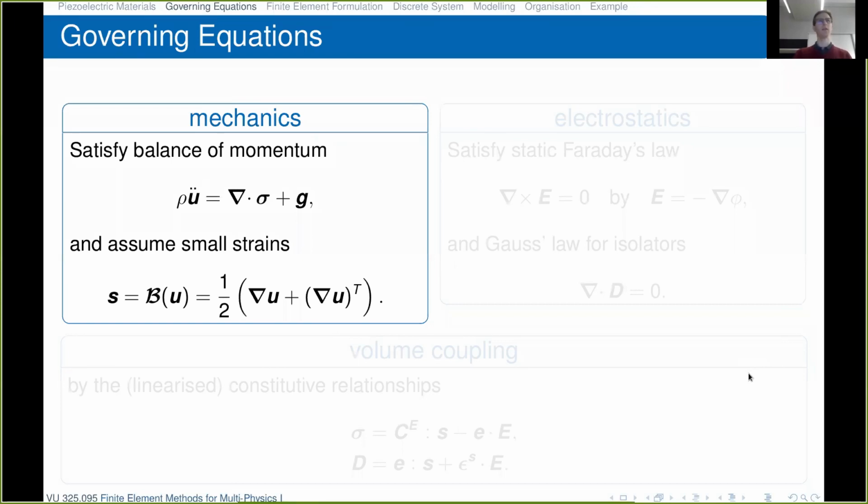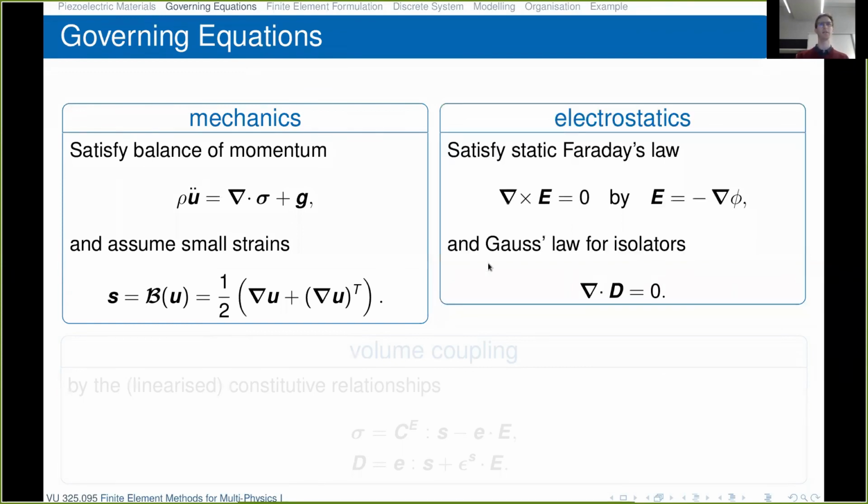So now let's look at the governing equations for piezoelectric phenomena. We have, of course, the mechanics equations, the balance of momentum, and we will assume small strains for the sake of simplicity in this course. And we also have the already known governing equations for electrostatics.